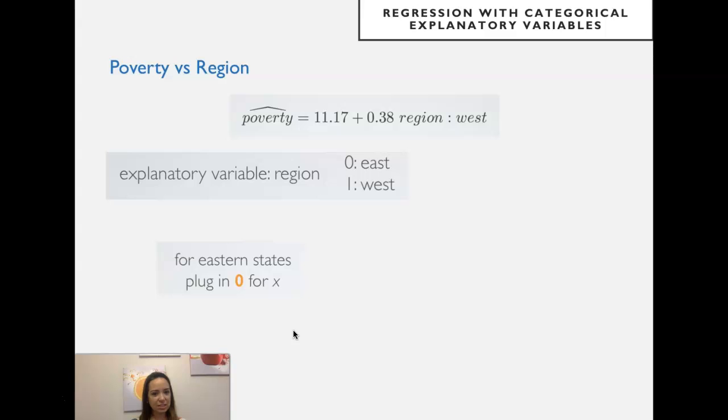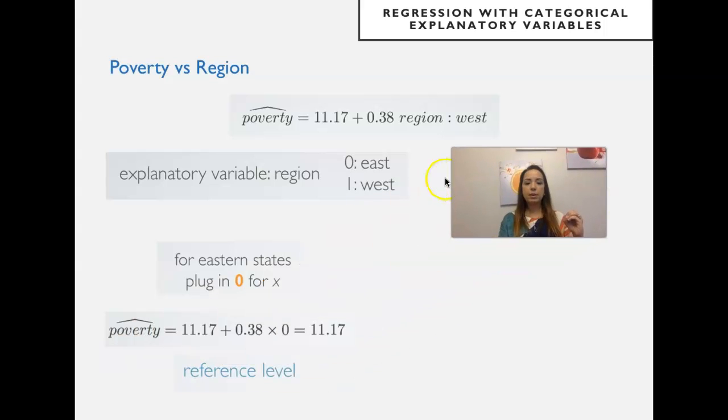So for eastern states, one more time, we plug 0 for x. This is what would happen in the equation. And again, you would have the intercept itself, because this term goes to 0, as the prediction for poverty in the east states.